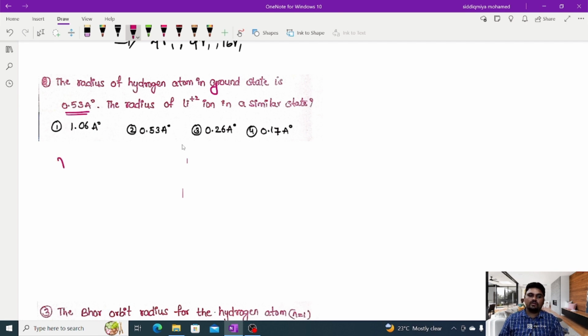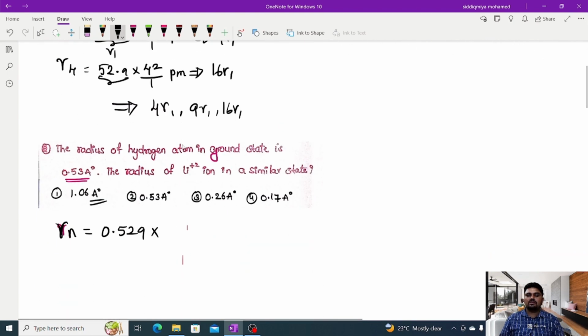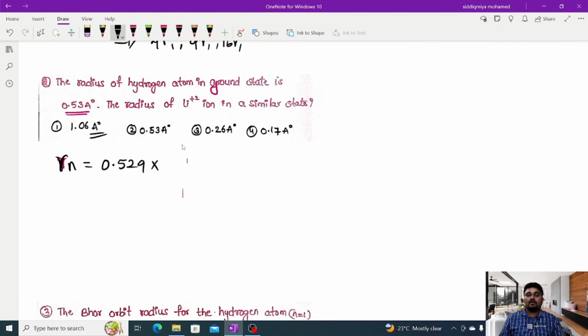The formula is Rn is equal to 0.529 n square by z angstroms.